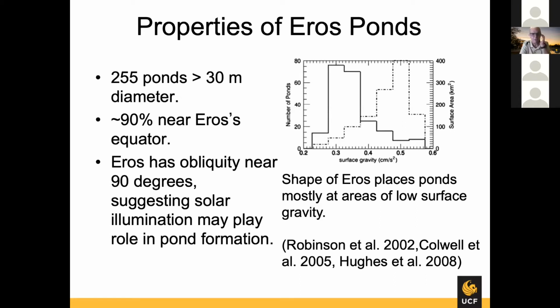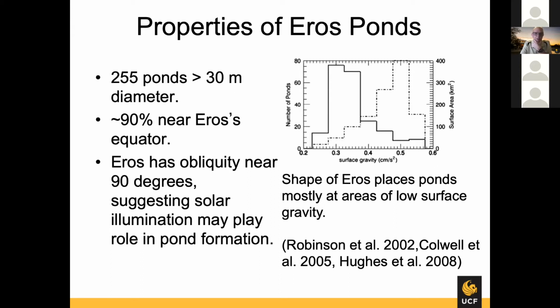I said 2004 for the Robinson paper. I'm sorry, it was 2002. So I wrote a couple of papers, Colwell 2005 and Houston 2008, where we modeled dust transport due to electrostatic mobilization near the surface of Eros to see what would happen.